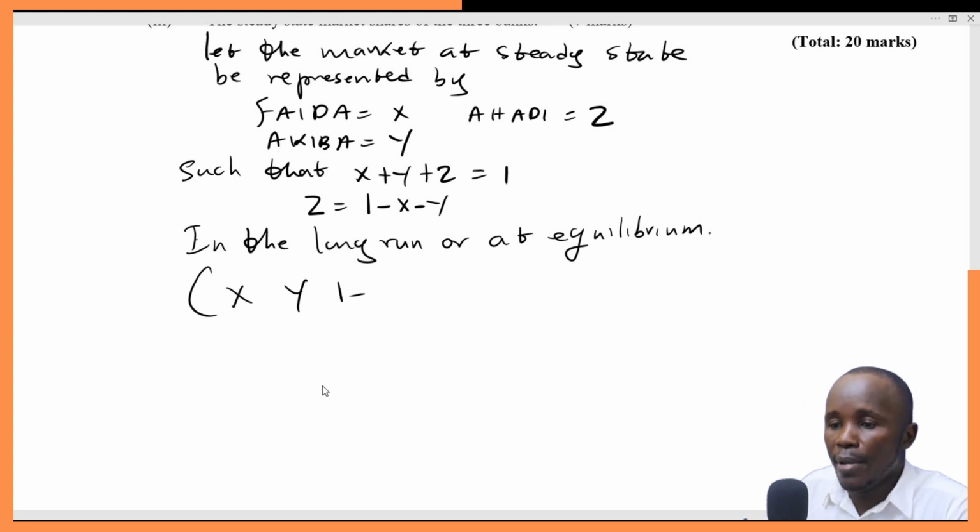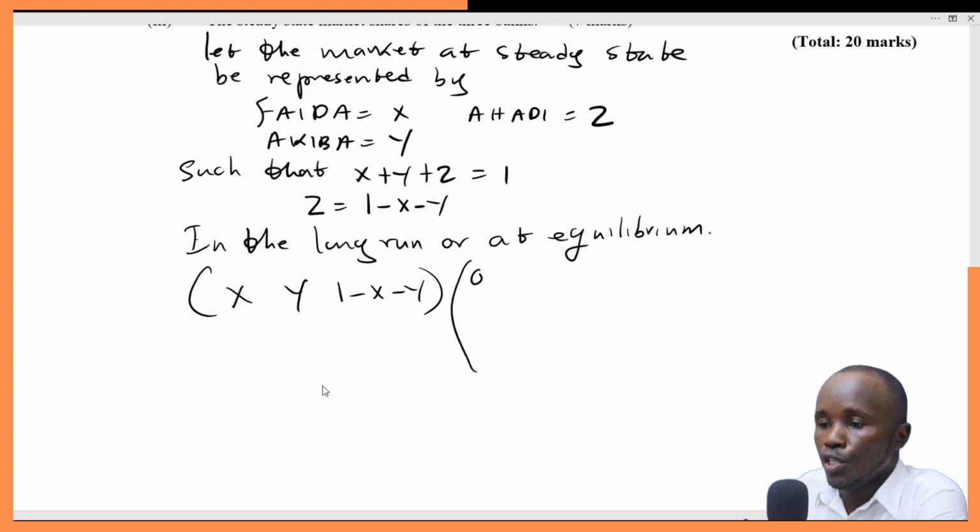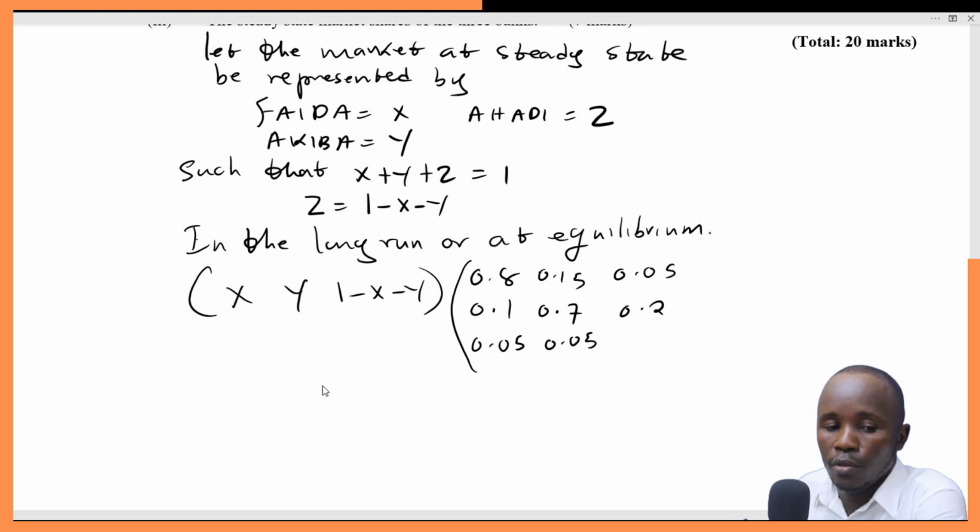Meaning X, Y, 1 minus X minus Y, which is Z, multiplied by the transition matrix, which is 0.8, 0.1, 0.05, then 0.15, 0.7, 0.05, then 0.05, 0.2, 0.9. This matrix will not change the market share.